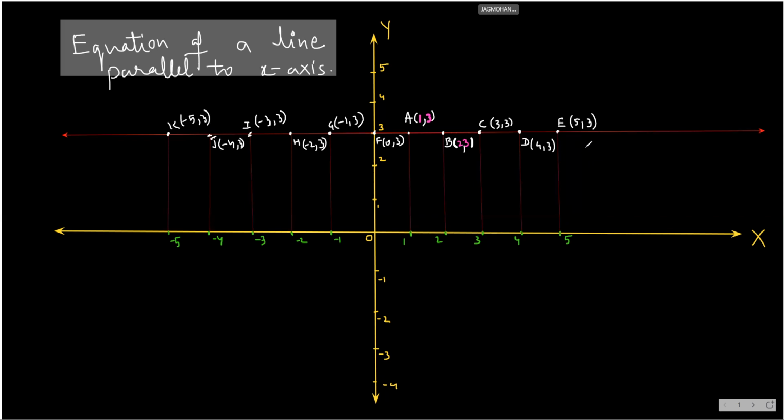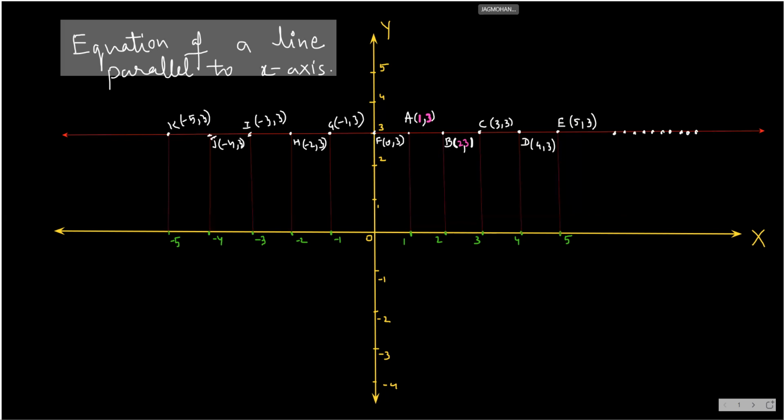I took here 11 points. You can take 11 crore points. You can take infinite points on this line. All these points will have different x coordinates, but they will all have the same y coordinate, and that is positive 3.